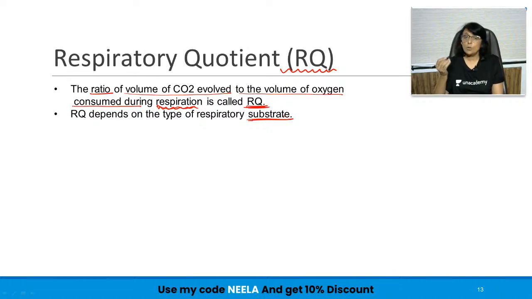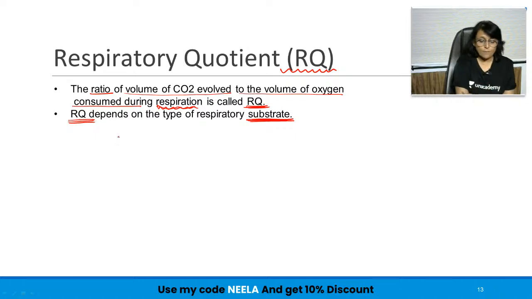Like if it is glucose which is broken down, RQ is going to be different. If protein is going to be broken down, RQ is going to be different. So what is the substrate which is being broken down to release energy? That is what respiration is. Now, how much energy is released? That will depend on the substrate, or in other words we can say that RQ depends on the types of substances or substrate.